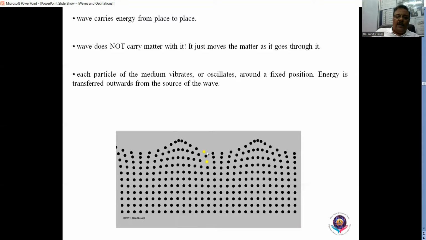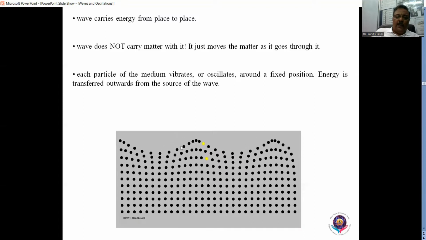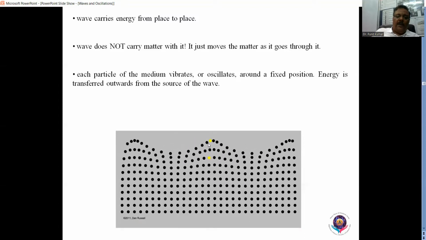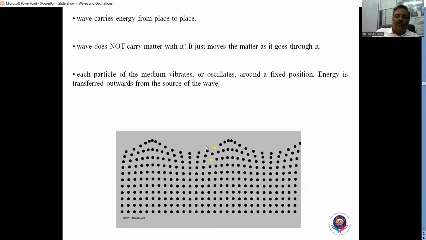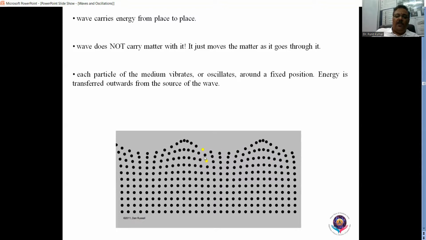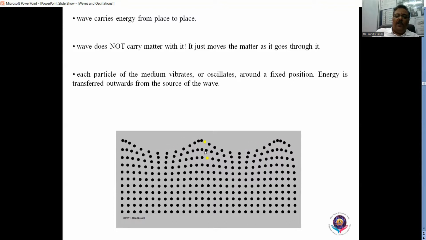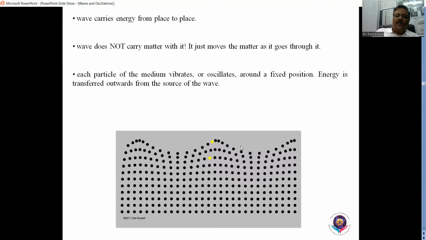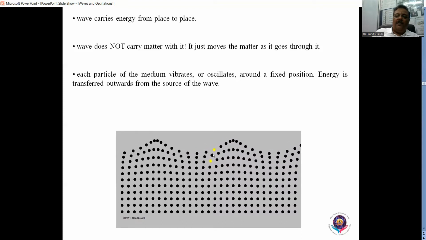Just notice this particle. The wave is coming, the particle is set into oscillation, it moves to and fro, and again comes back to its mean position, again moves to and fro. The pulse is transmitted, and it again comes back.